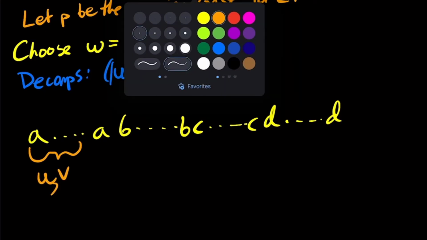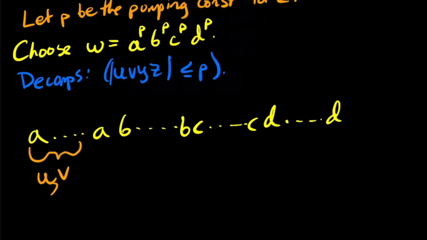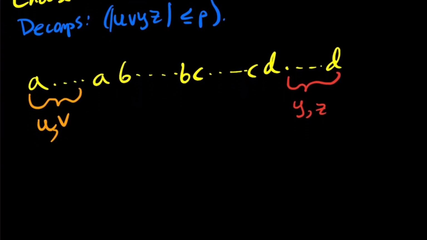That also means that the y and the z portion are way over here in the d section. Because the z part is at the very end of the string, and the y part is immediately preceding it, and together all 4 pieces are at most p characters, and there are p d's at the very end. Crucially, we don't even care about the u and the z part because they're not really being pumped. It's the v and the y part that matter.